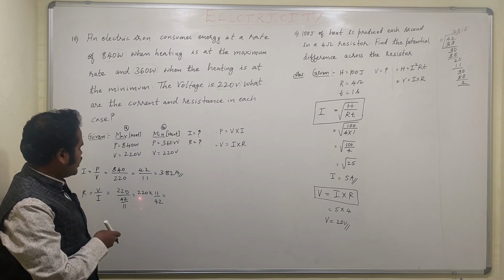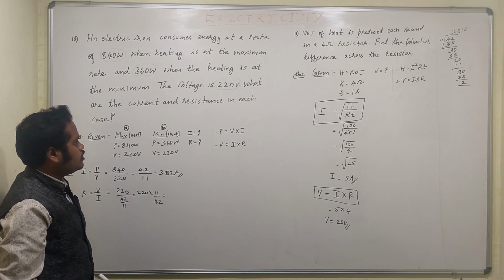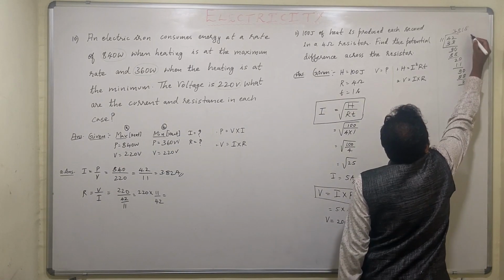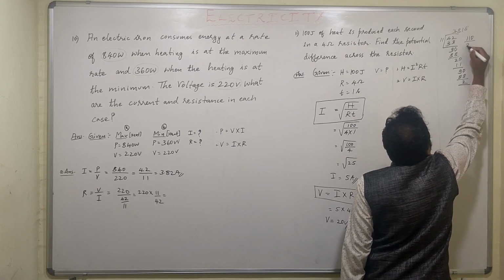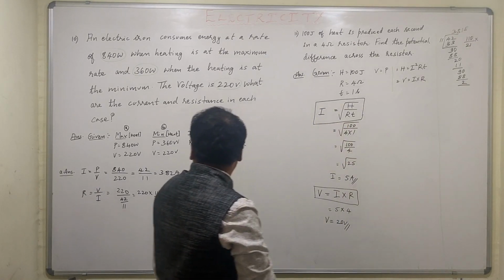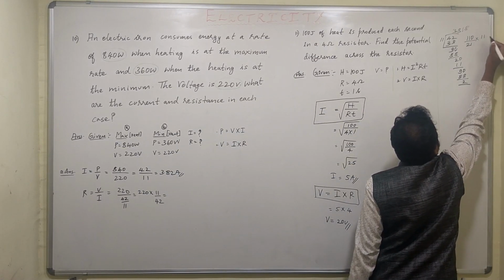We can cancel this by 2. 2 1s are 2, 2 1s are 110 by 21. So we'll have 110 divided by 21 into 11.